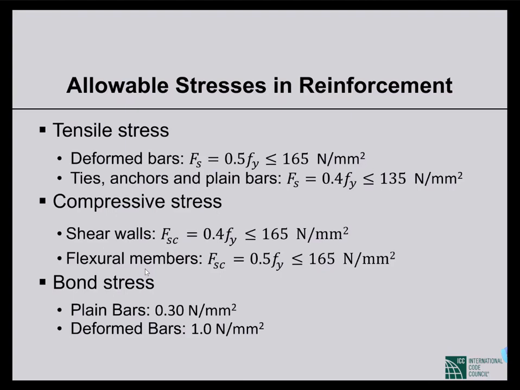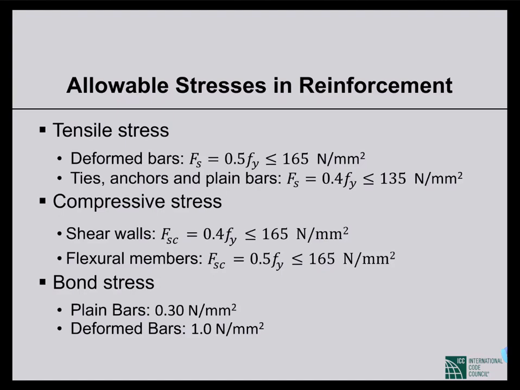Now, those were the allowable stresses in masonry. Now, for allowable stresses in reinforcement, for tensile stress, compressive stress, and bond stress, these are the values. You see, we are quite conservative. This is working stress design. So naturally, the allowable stress is 50% of Fy for tensile stress, but you see the highest limit, which is quite conservative, is 165 megapascal.